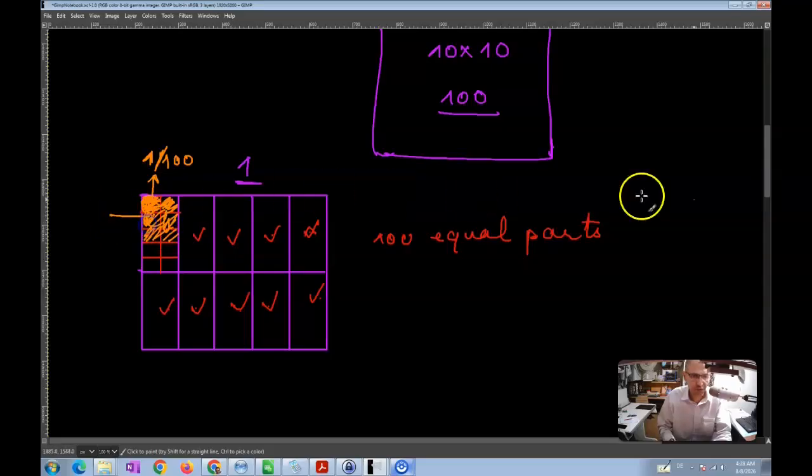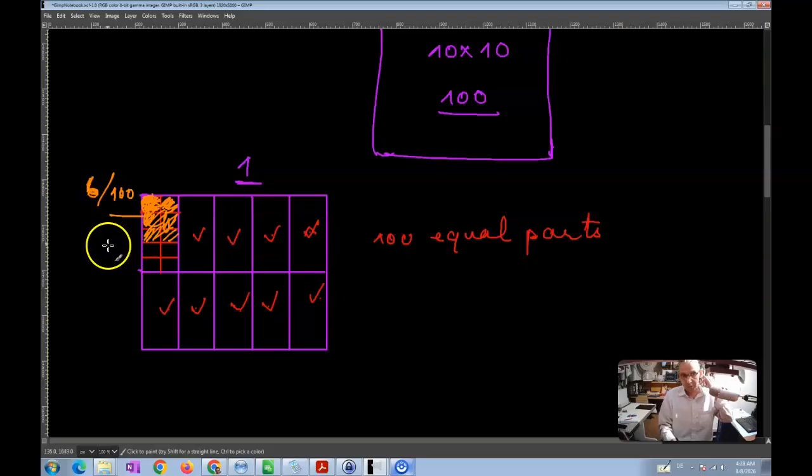So the value of this part would be 600, meaning 6 of those 100 equal parts. So that's the meaning of a decimal number.